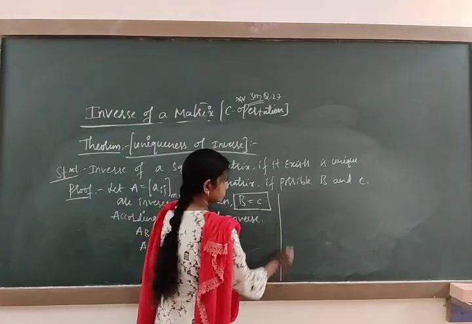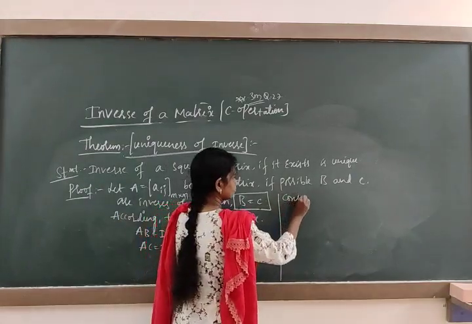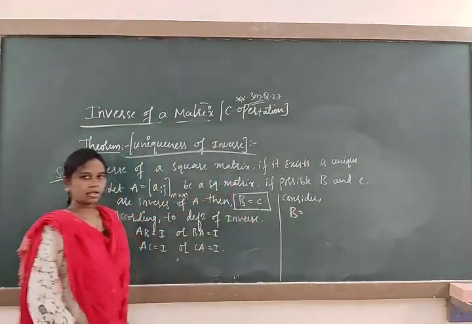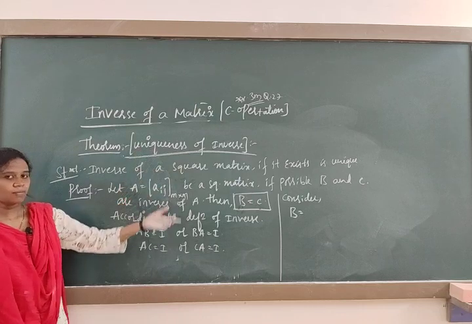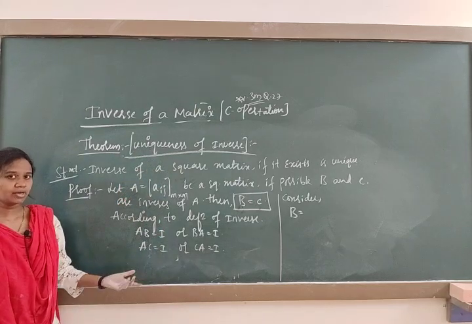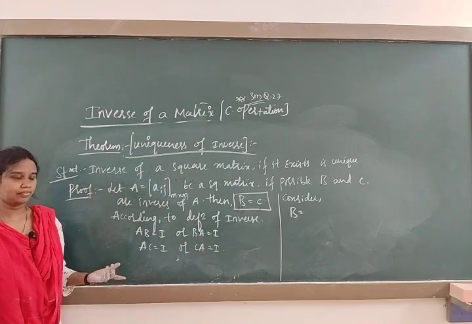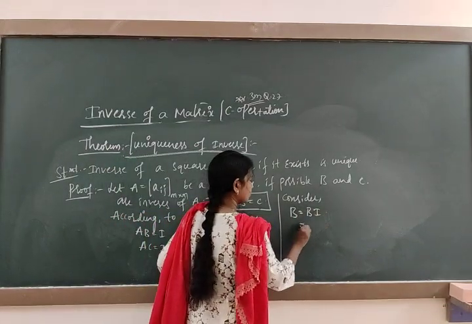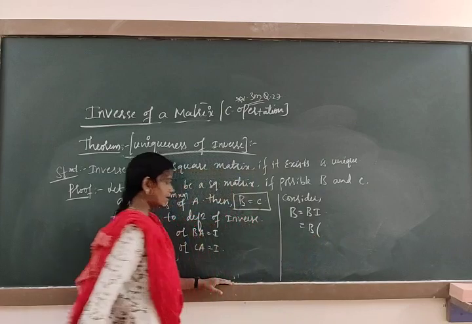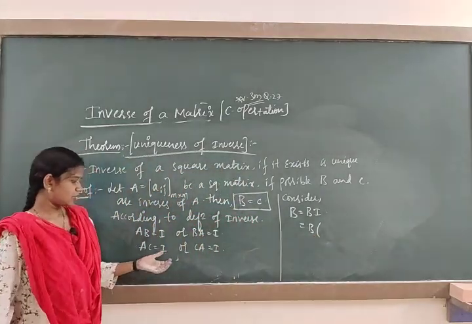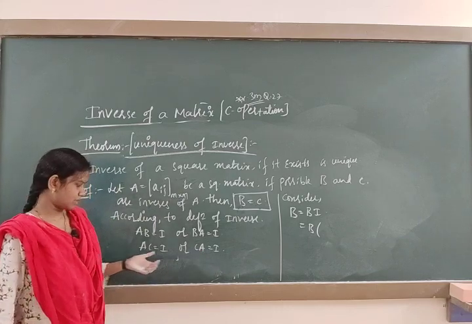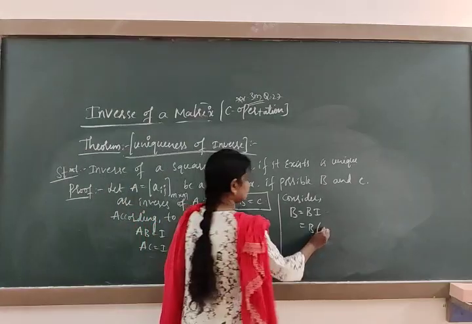Consider B. By the problems we have taken, A can be written as A is equal to AI. So B can be written as BI. The I value, you can replace either as AC or as CA. So I will replace it with AC. The choice is yours.